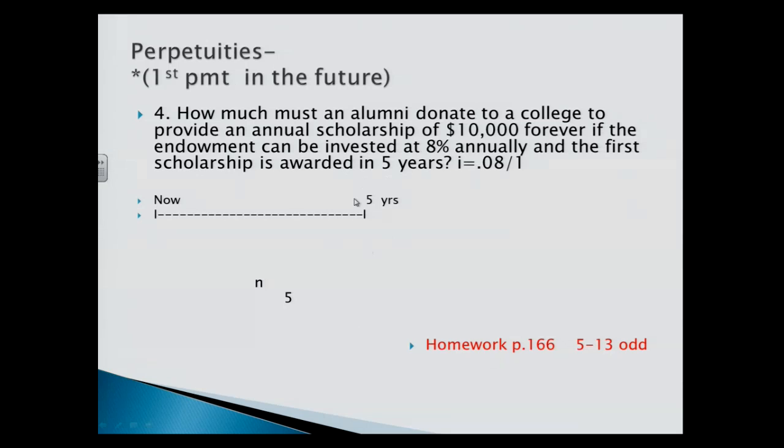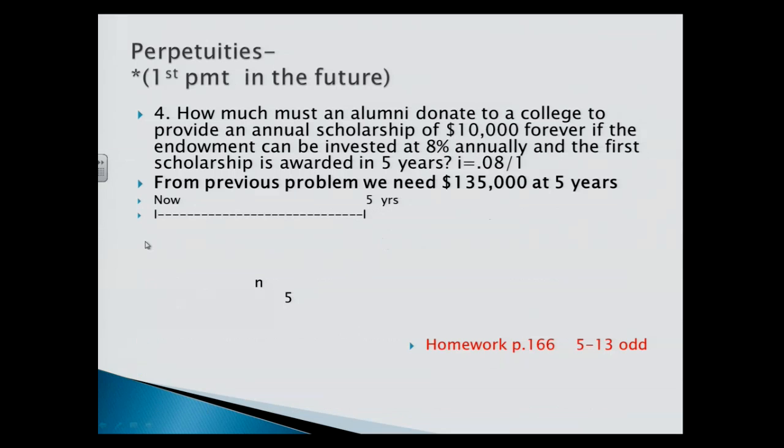So if I want to give the first scholarship in 5 years, that means in 5 years, I have to have $135,000 because I'm going to give $10,000 away in a scholarship and $125,000 will remain in the fund to generate interest for infinity.